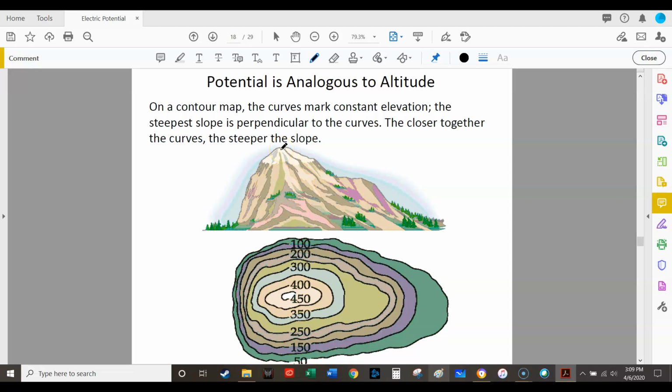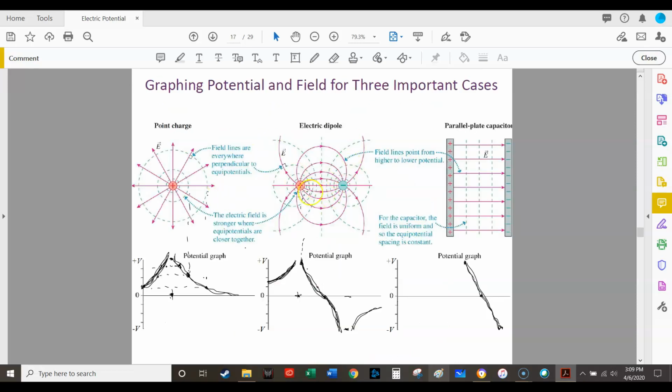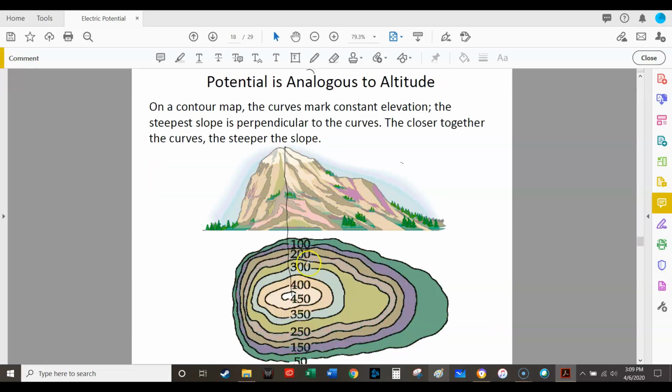So this part of the mountain is this peak right here. And so this is looking down on the mountain, and this is looking from the side. So it's almost the reverse of what we just did. This is looking down on top of the object, and this is the side. Well, here we have the side, and here's looking down.